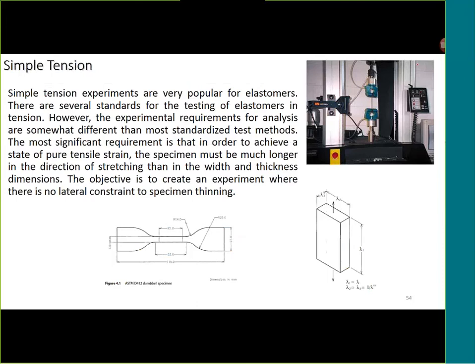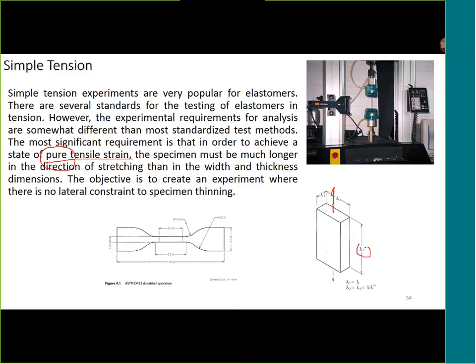This is quite similar to doing a UTM test for any metal specimen, but the important part we need to keep in mind is that when we do the test, we must induce the pure tensile stress state in the material. When we induce pure tension, the material gets stretched in one direction, that is lambda 1.